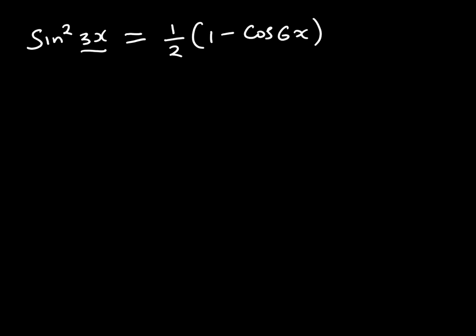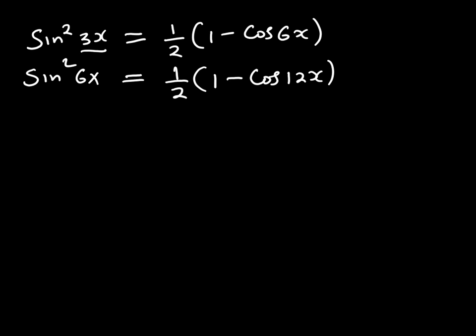If I have sine squared of 3x and I want to write this in terms of double angle cosine, it will be a half of 1 minus cosine, and this cosine must be twice this angle, so cos of 6x. Sine squared of 6x, in terms of double angle, is a half of 1 minus cosine of 12x.